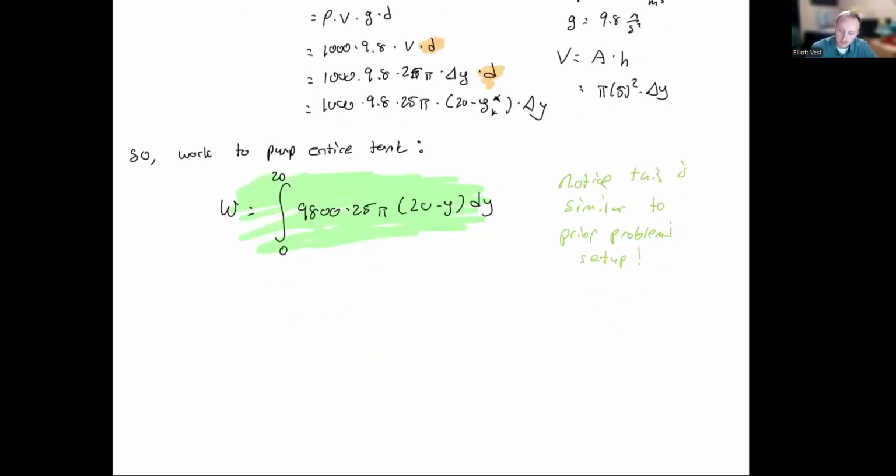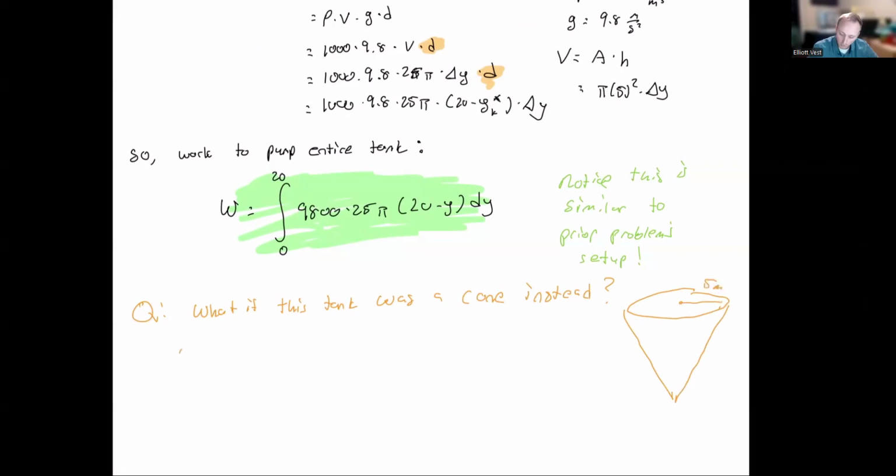So the question that I want you to answer, since this is a star problem, is: what if this tank was a cone instead? This is an important problem because it's going to be on your homework. So instead we have a cone like this, where we start with a radius of 5.